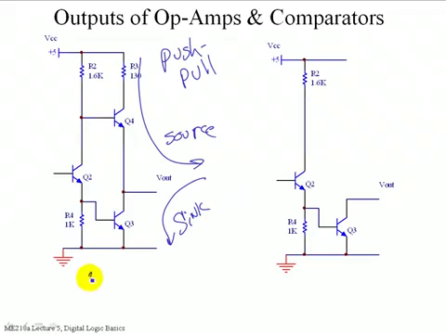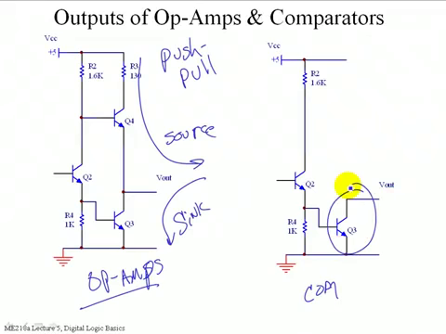Okay? All op-amps have a push-pull kind of output. It can't produce the sort of linear amplifier without being able to both push and pull on the output voltage. Comparators, often, most often in fact, leave out this sourcing transistor.